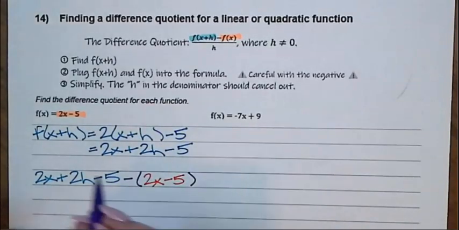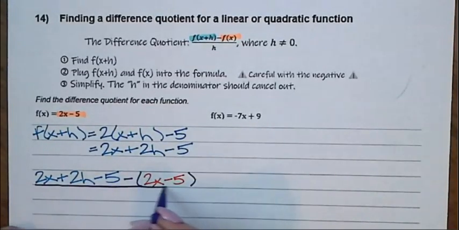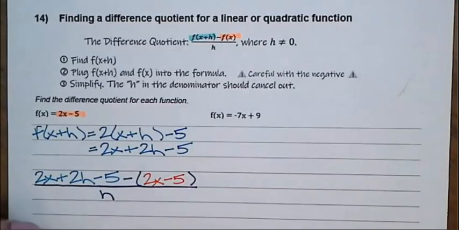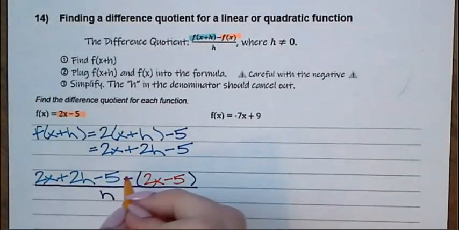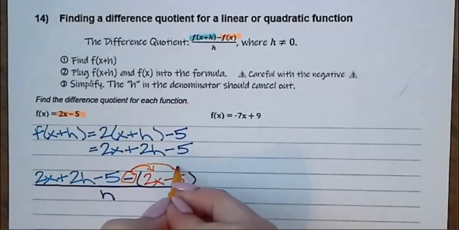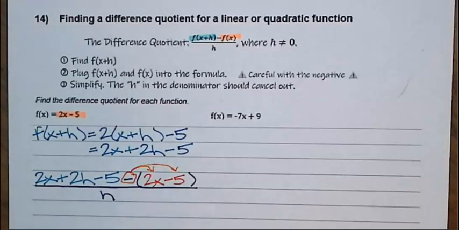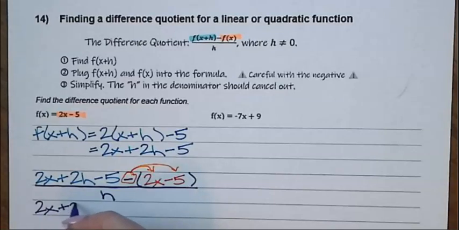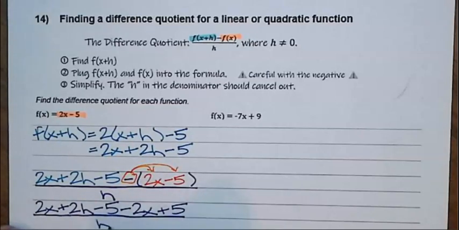And then divided by h. So now we'll clean this up and distribute this negative to both of those terms. So we have 2x plus 2h minus 5 minus 2x plus 5 all over h. Excuse that sound. That is my dog getting a toy.